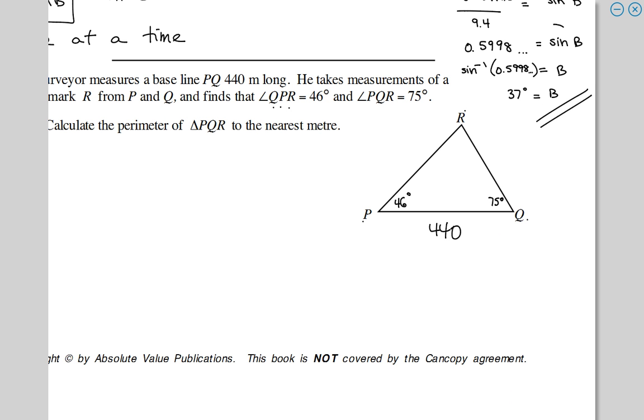Now it wants us to find the perimeter. What's perimeter? Path around the outside? Okay, total distance around the shape, to the nearest meter.